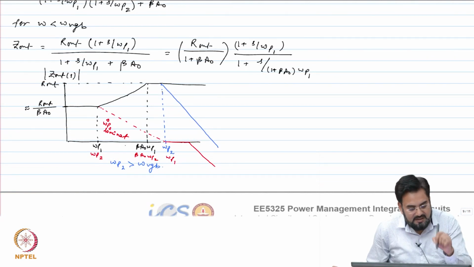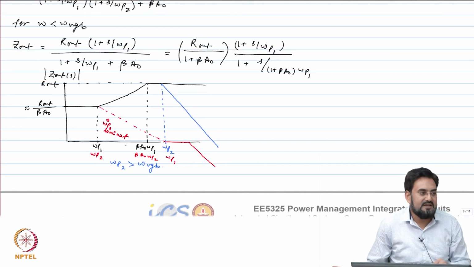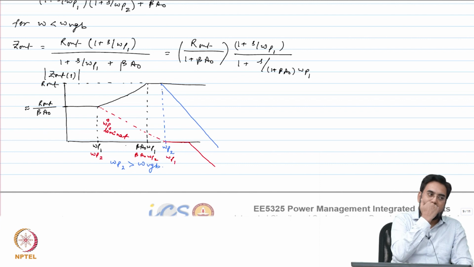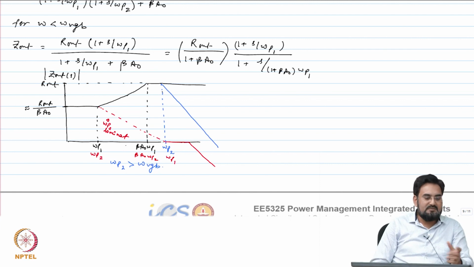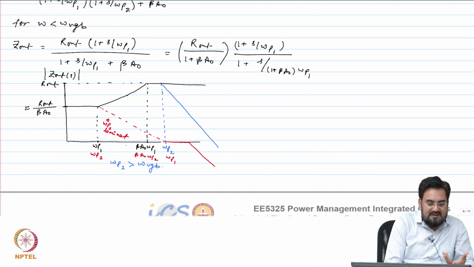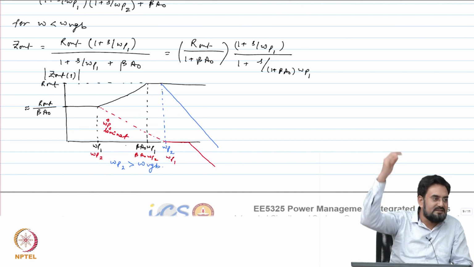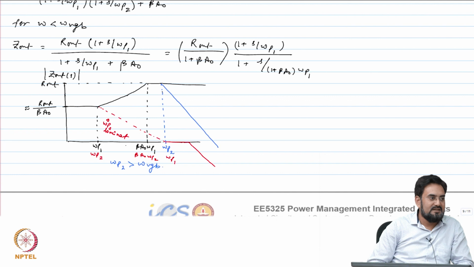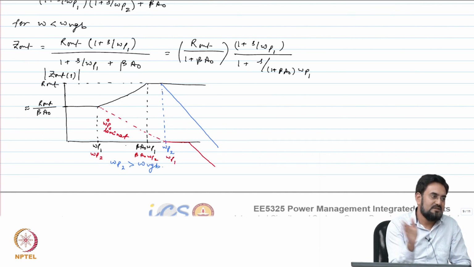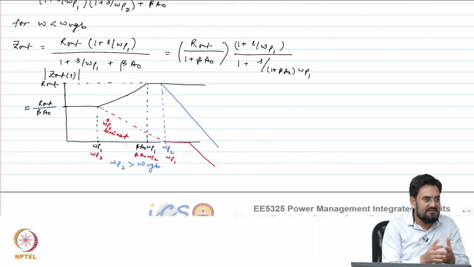But if you make the omega p2 dominant, then in terms of transient response, your bandwidth may not matter that much, because if you keep increasing the C, you are pushing your pole in and in, which effectively reduces it. Let us say your gain is constant, but the pole is moving inside.